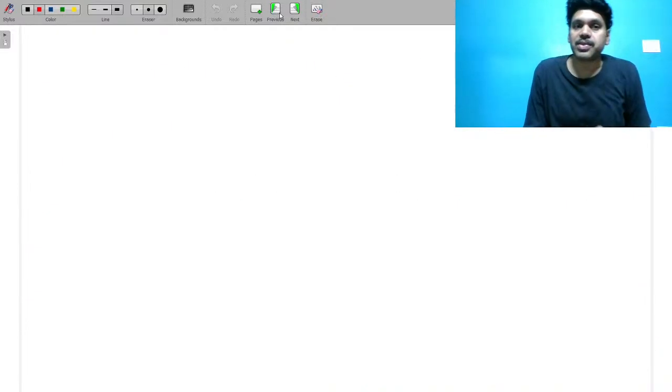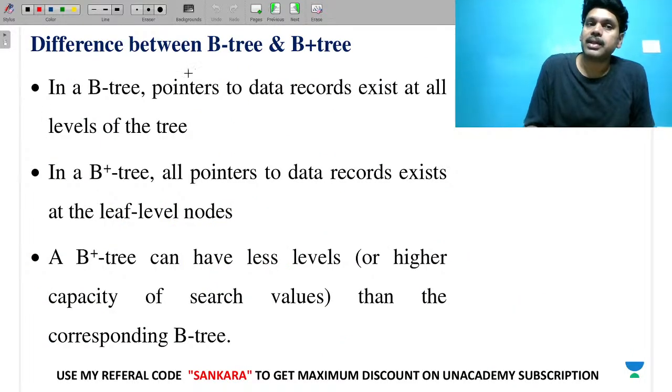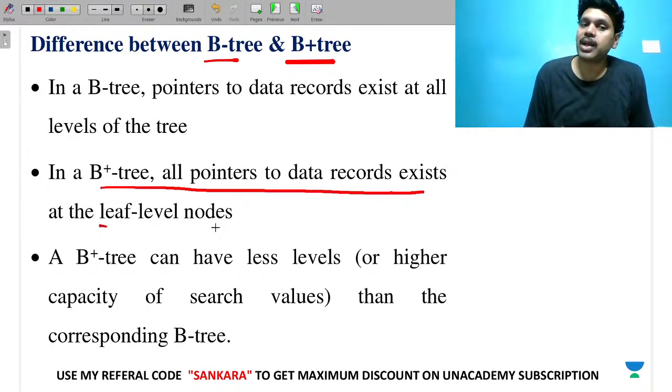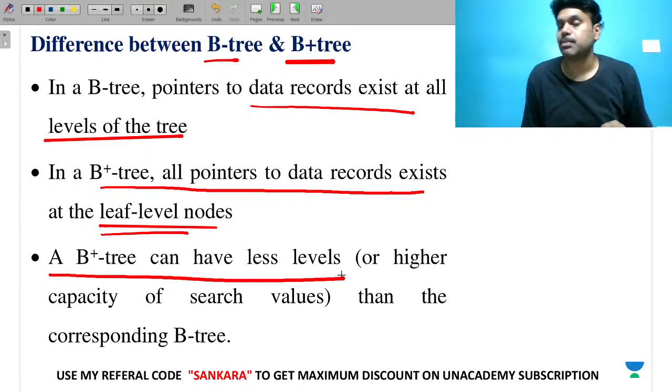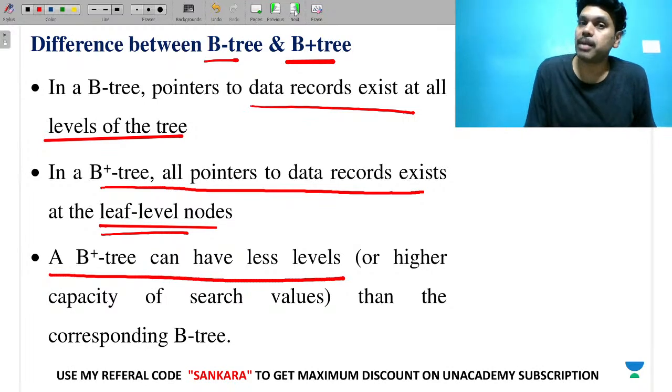So what are the differences? The difference between your B tree and B plus tree, only two, nothing else. In B plus tree, all data record pointers are available only at leaf. But in B tree, data record pointers are available at every level. This is one difference. Because of this, B plus tree can have a lesser number of splits and lesser number of levels. In B tree, you have more levels.